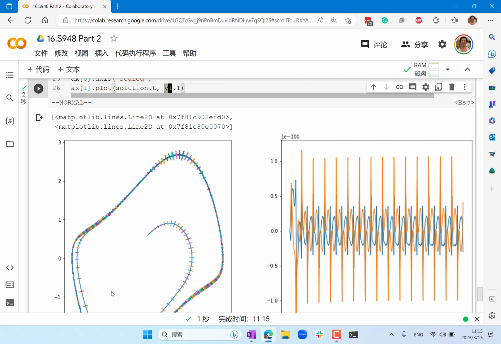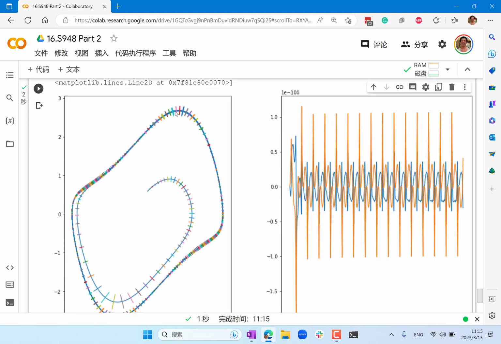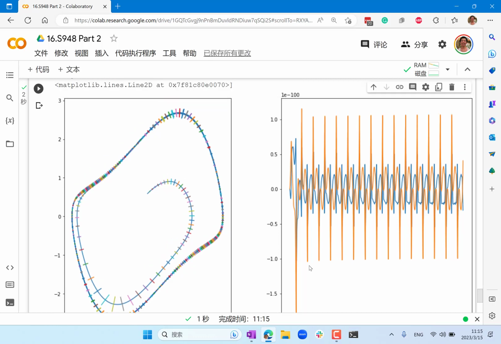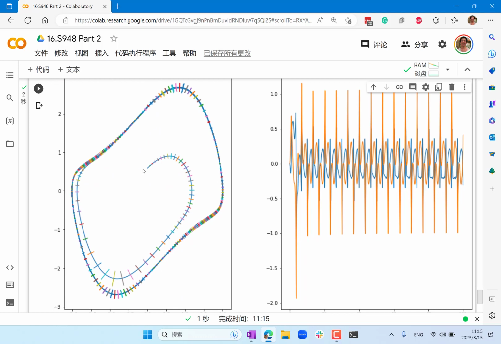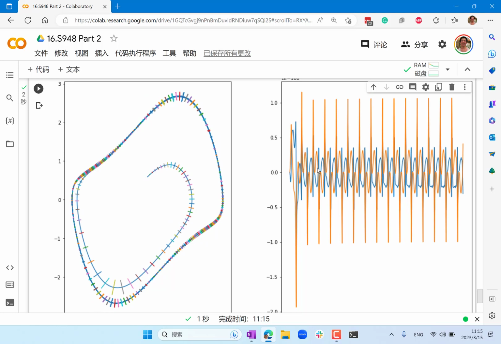On the left-hand side, it visualizes what V1 is, and it is actually orthogonal to the trajectory. On the right-hand side, we are plotting V1 as a function of time, and we see, except for the first part of the trajectory where the nonlinear system has not reached the limit cycle yet, the system is purely periodic.